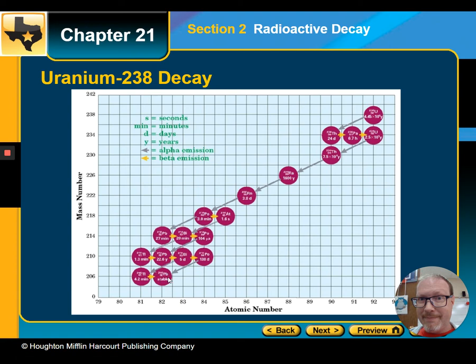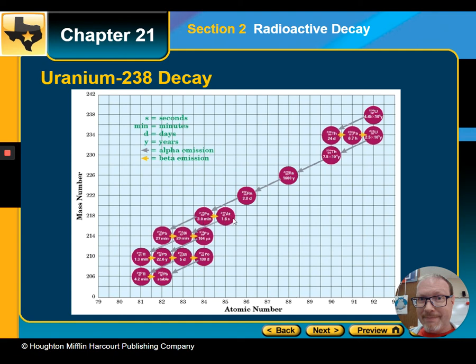It just remains lead. Now, the thing about this is that depending on which of these reactions you're looking at, some of them happen very, very quickly. Some of them can take thousands or even tens of thousands of years, okay? Because some of these nuclides are more stable than others. Like if you look here, this polonium-218 tends to change to something else in about 3 minutes.